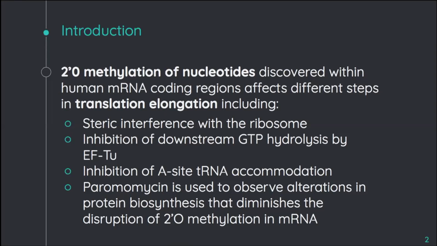proofreading. And in analyzing the effects on translation, this study also looked at if antibiotics could affect this hiccup in the decoding machinery. So specifically, it looked at how the antibiotic paromomycin is used to observe alterations in protein biosynthesis that ultimately diminishes the disruption of 2' O methylation in mRNA.